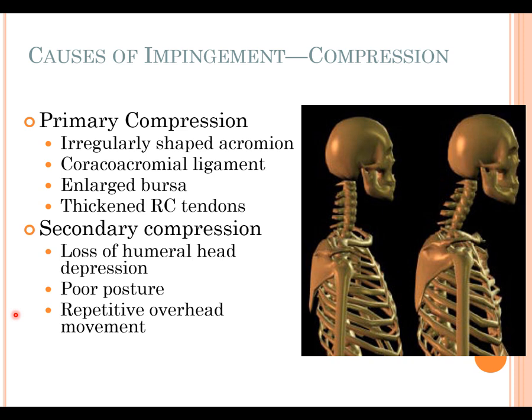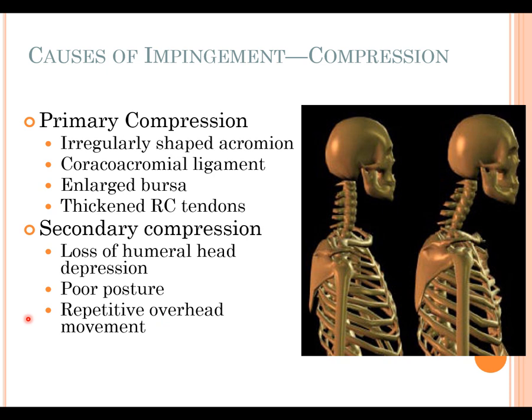So someone might have poor posture, and then they decide to do repetitive overhead movement, which is putting them at risk, and then maybe their muscles start to fatigue, and now we have a loss of humeral head depression. Or it could be perfectly good posture, but they just have poor muscle tone, so they can't keep their humerus in place. Or they have good posture, and they do a lot of repetitive overhead activity.